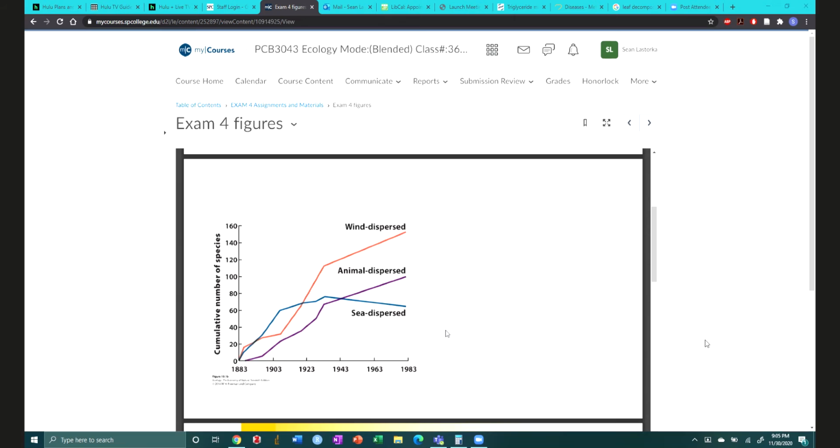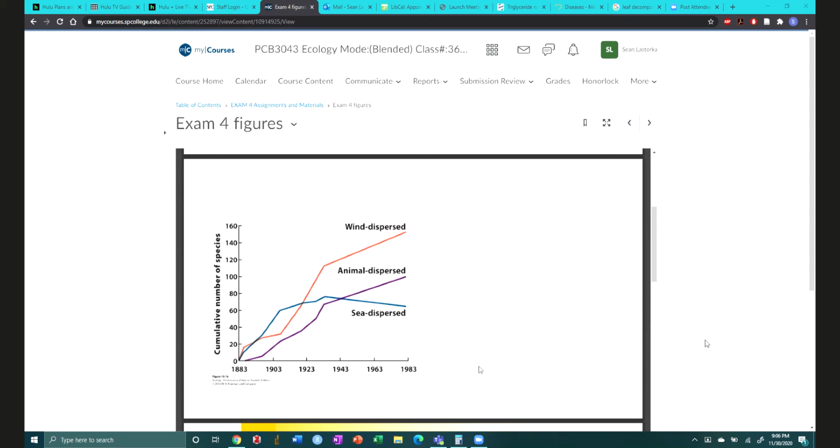And animal dispersal has stayed consistent. And animal dispersal has actually increased as well, and seed dispersal has gone down. So you can talk about how seeds have adapted alongside, either have become lighter or have adapted alongside animals.